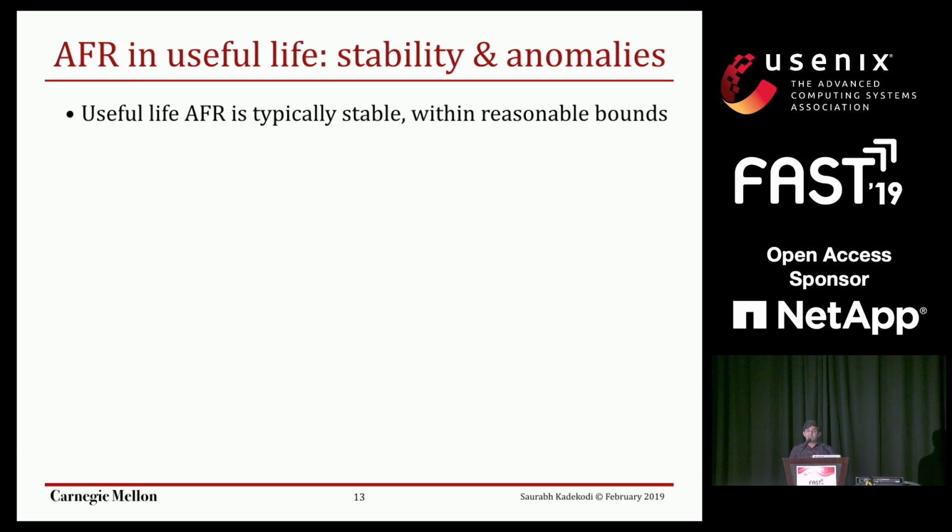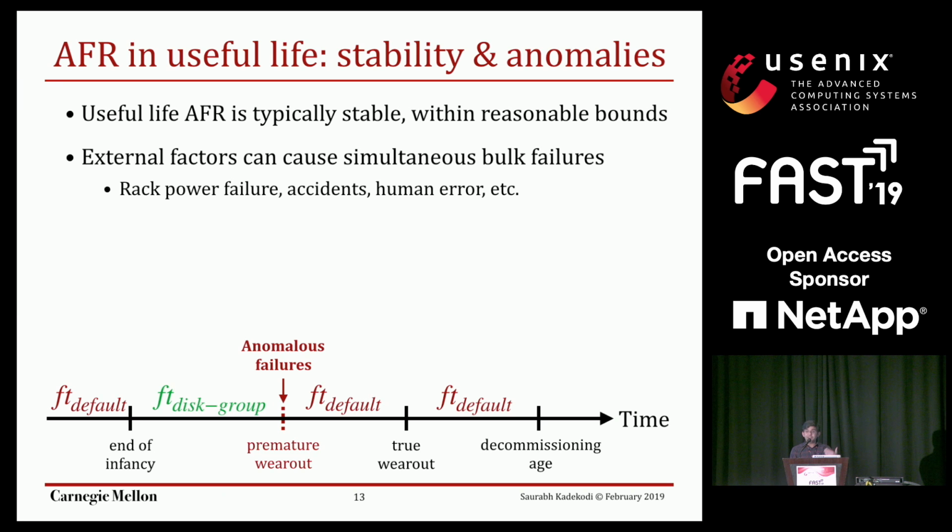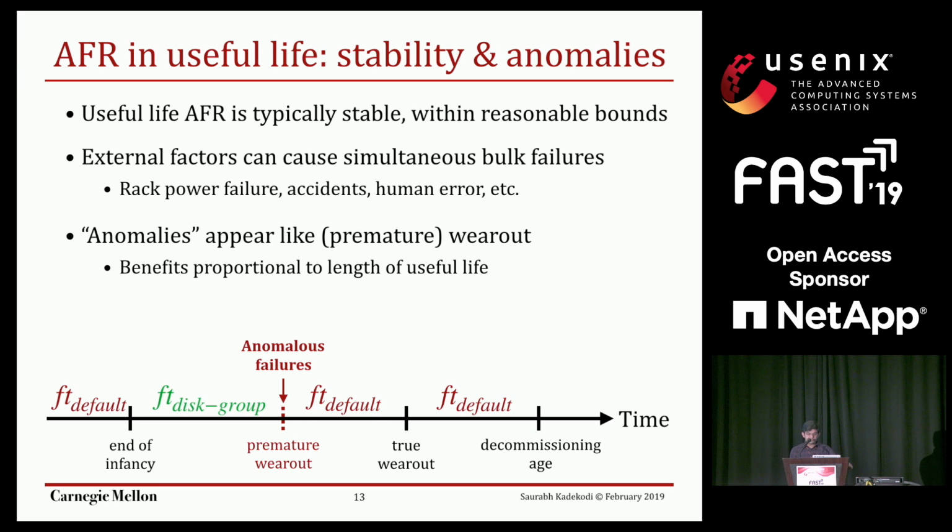But there could be factors external to the disk's characteristics themselves that might cause simultaneous bulk failures. For example, someone knocks the power off of a rack, there could be accidents or human error, and so on. These simultaneous bulk failures increase the failure rate, and if that happens during useful life, this increased failure rate can appear like a premature wear out. And we deem these external failures as anomalous failures.